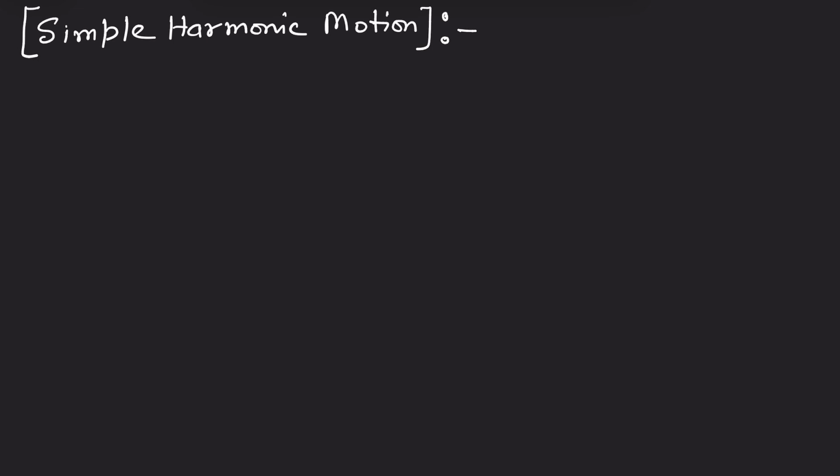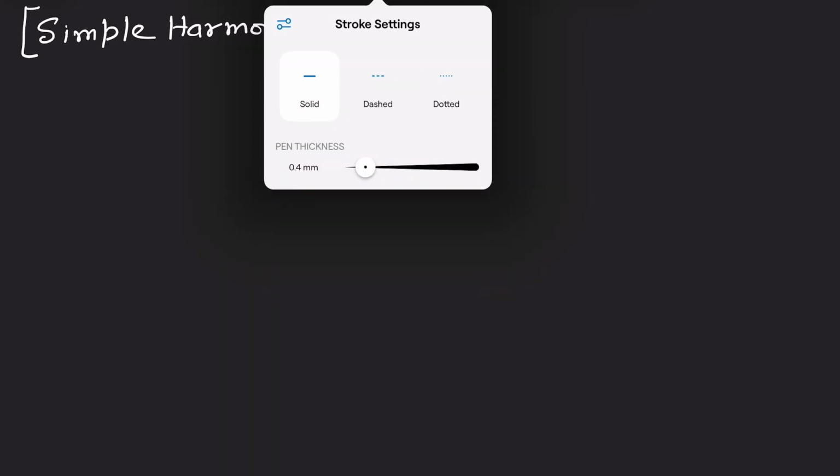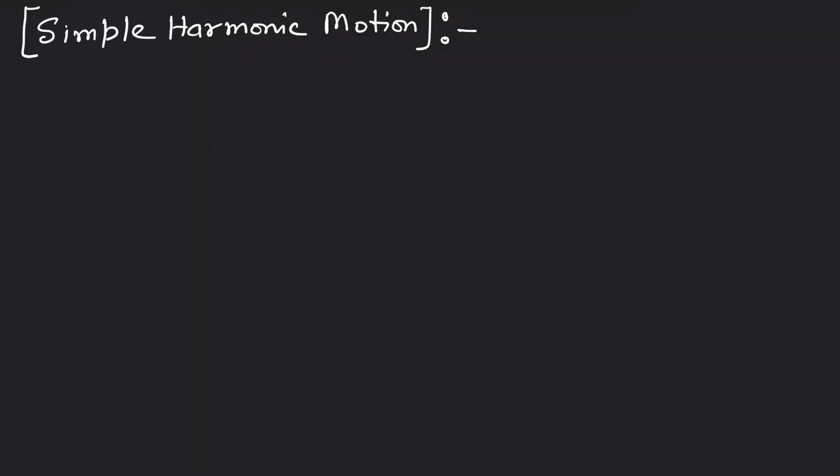Okay. So before we start the detailing of everything, there are a few basic definitions we should understand first. Before we begin, we should understand a few basic things about this oscillatory motion.